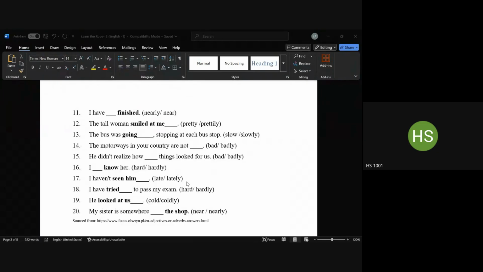I tried hard, hard in the sense I've put effort. This hardly doesn't give you that meaning. Hardly basically means that I've put almost no effort, or I hardly know her means I don't know her. It's a negative word. So meaning wise, there is a difference between hard and hardly.